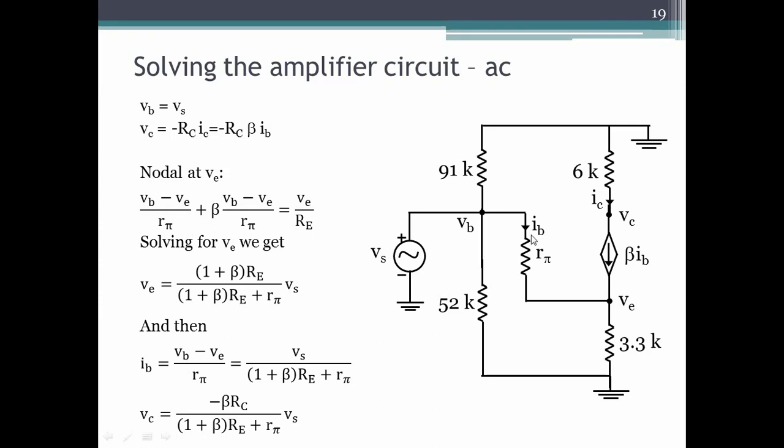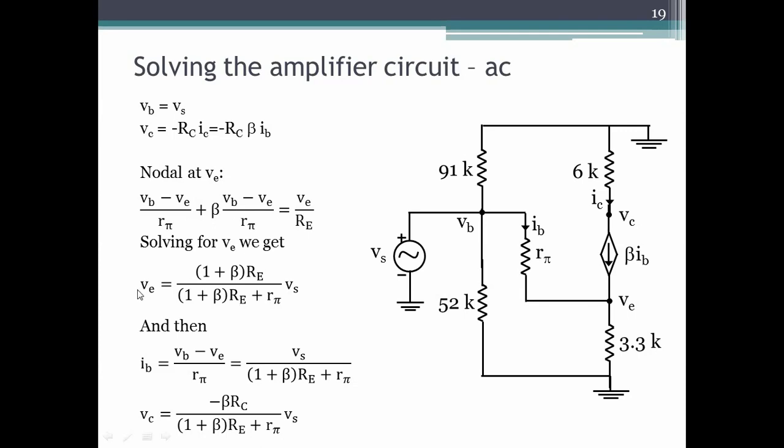So (VB minus VE) by R pi, plus beta times that same current, equal to the current flowing out, VE by RE. I'm using variables rather than numbers because these are general equations that we'll derive which have long-term value. Okay, so we get this, and this is easy to solve.